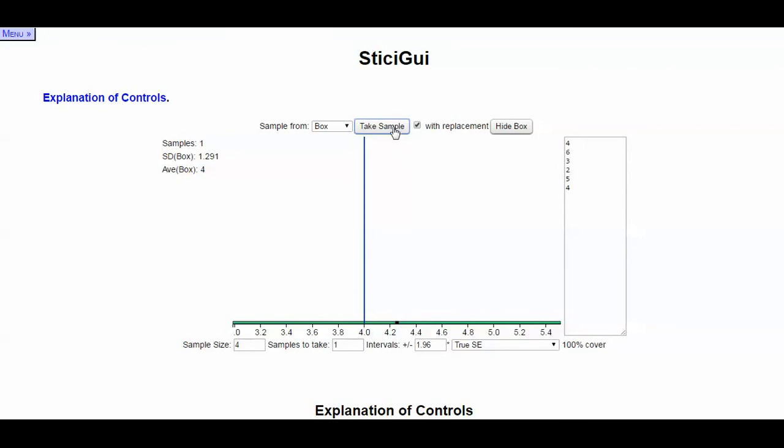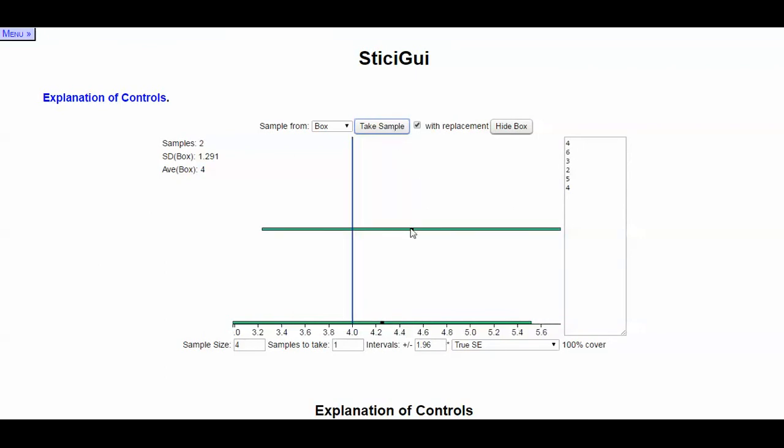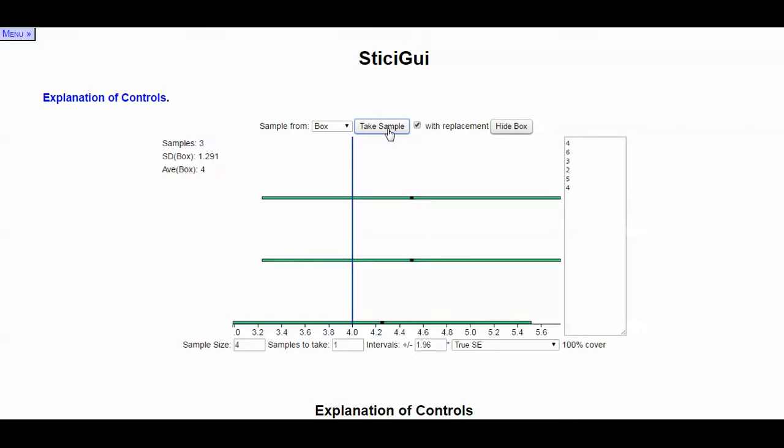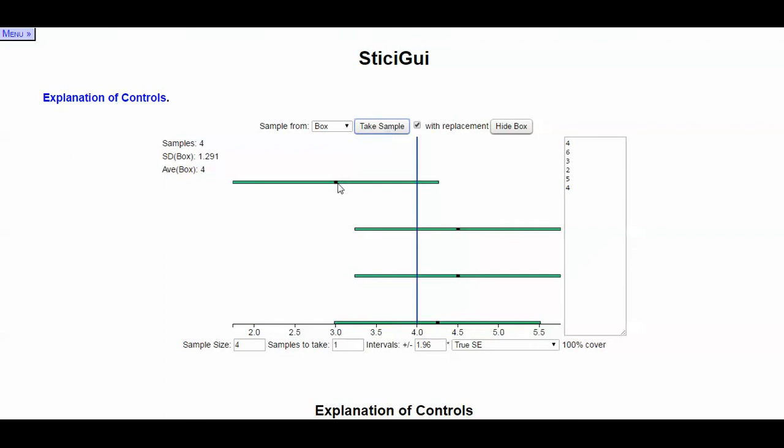Now you can repeat it by taking a different sample. It's going to randomly select a different group of 4 people and calculate the mean of that sample. This time the sample mean was a little bit lower. But notice how the sample mean is still at the center of the interval. And now we can do it again. So this time, these 3 sample means all came out above the population mean. This one came out below the population mean.